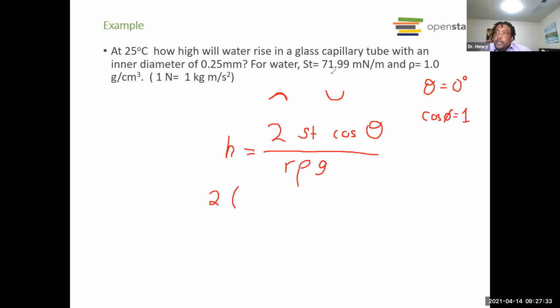Okay, so let's change this into our standard units. The density is in grams per cubic centimeter, and the surface tension is 71.99 millinewtons per meter.